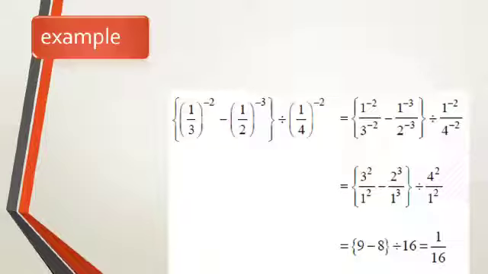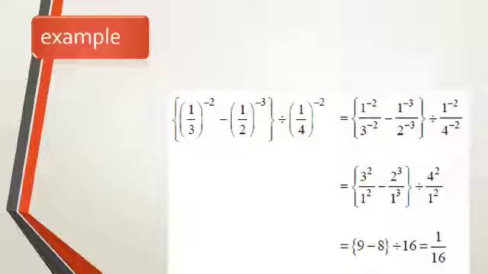See another example: (1 by 3) whole power minus 2 minus (1 by 2) whole power minus 3, total divided by (1 by 4) power minus 2. Here we are going to separate the numerator as well as the denominator, and we get 1 power minus 2 divided by 3 power minus 2, minus 1 power minus 3 divided by 2 power minus 3, total divided by 1 power minus 2 by 4 power minus 2.